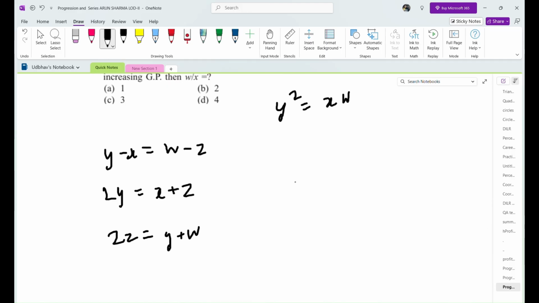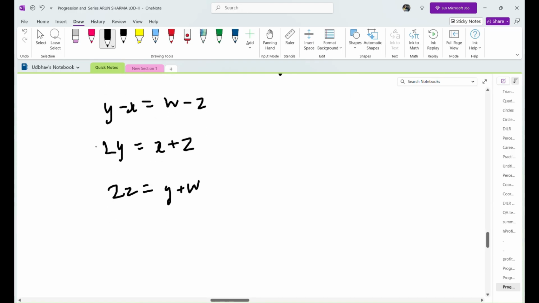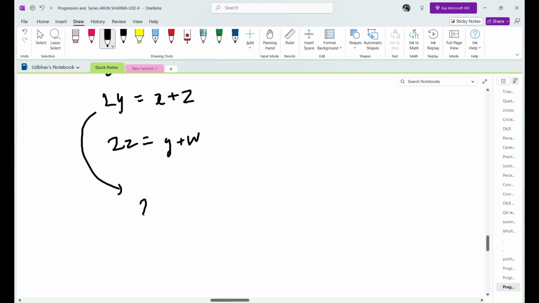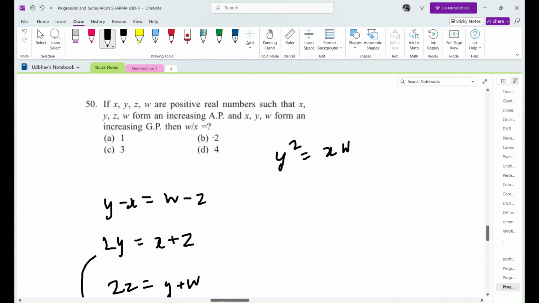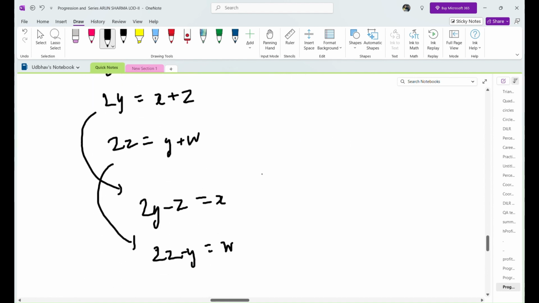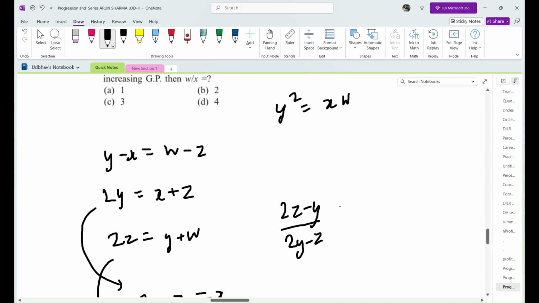We can bring that there: 2y minus z equals x and 2z minus y equals w. So w upon x, we can divide this: 2z minus y upon 2y minus z equals w upon x.